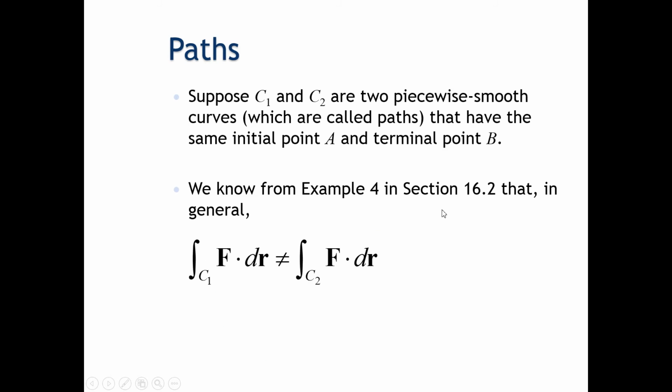Now the next definition: path. Suppose C1 and C2 are two piecewise smooth curves, called paths, that have the same initial point A and terminal point B. We know from Example 4 in section 16.2, which I think I solved in the previous video, that the line integral of F dot dr along C1 was not equal to that along C2.